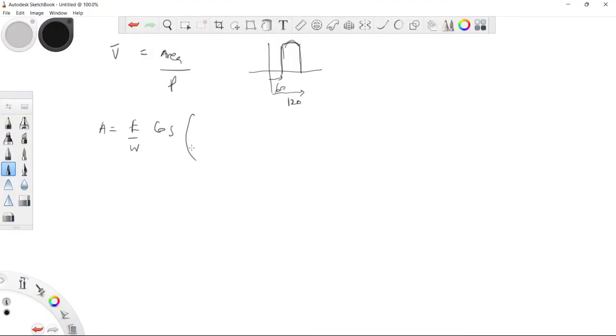The area is equal to E over omega, right? Then multiplying cos of the small value minus cos of the big value here. You get it? So be kindly punch it for me.